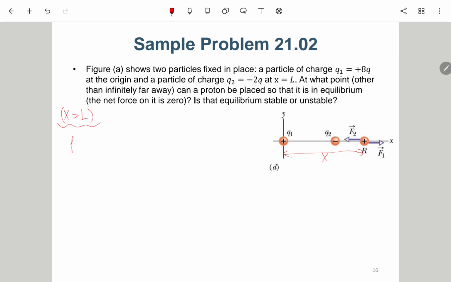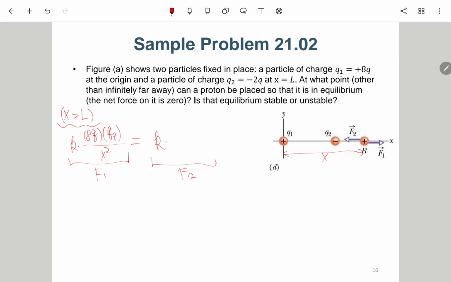F1 will be K times Q1, which is 8Q, times QP for the proton. We don't need to know what QP is. The distance between Q1 and P is X, as we assume. This is the force F1, and it should be equal to F2.